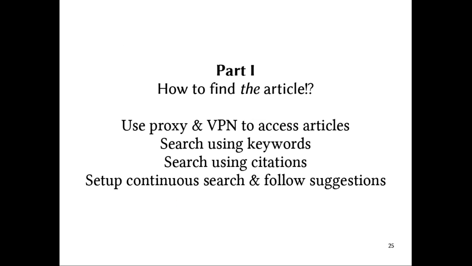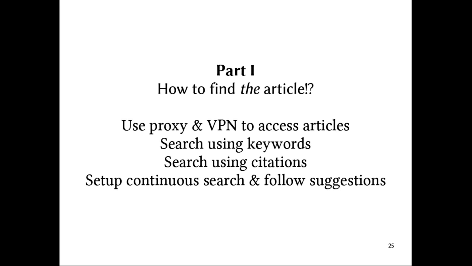To sum up part 1, you now should know how to find an article using keywords. You can use proxy and VPN, as well as databases, to access the articles.